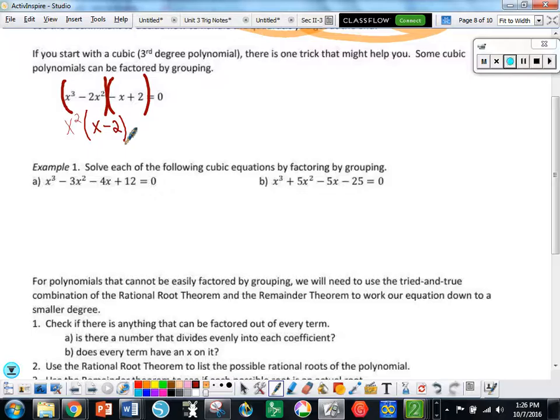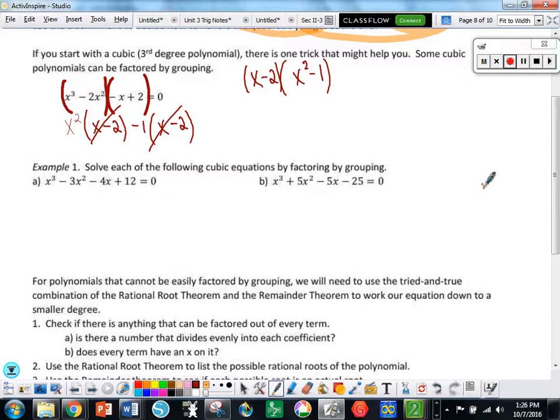A minus 1. What are we left with? x minus 2. They both have x minus 2. If I pull that out, what are we left with? x squared minus 1.